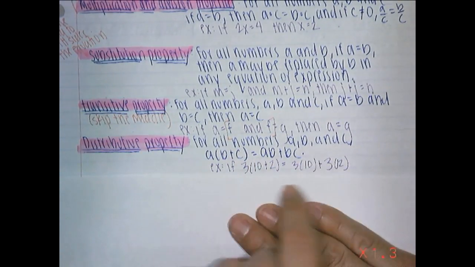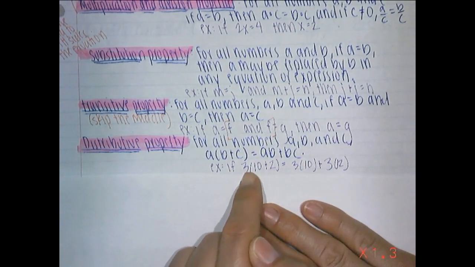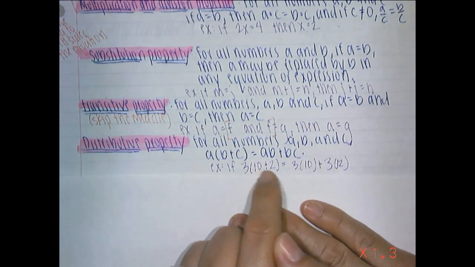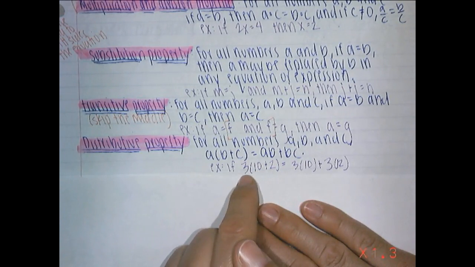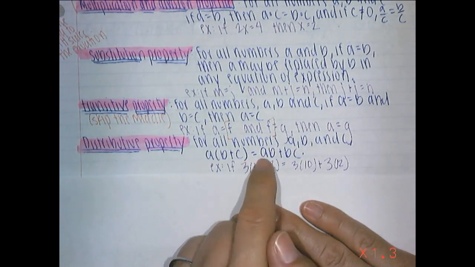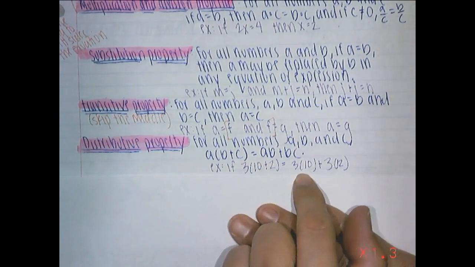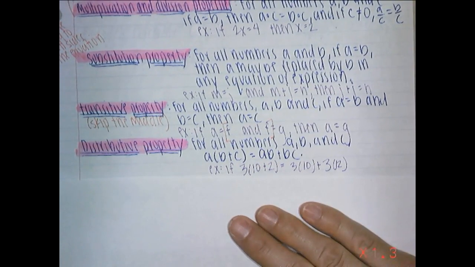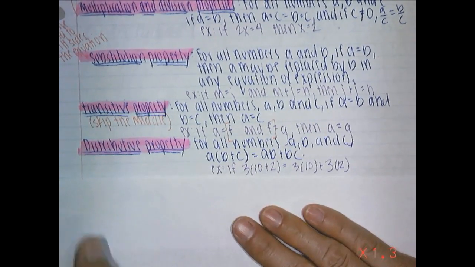So with actual numbers, it might look like this: 3 parentheses, 10 plus 2, close parentheses. We would distribute that 3, with 3 times 10 plus 3 times 2. Okay, so those are the properties that you're going to need to know.